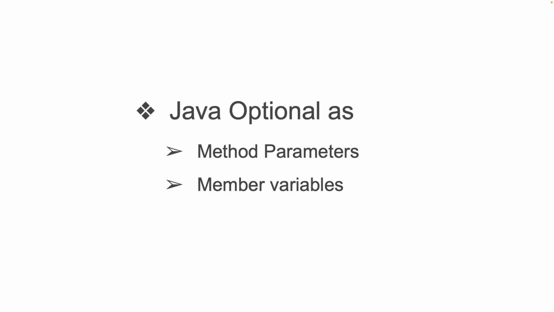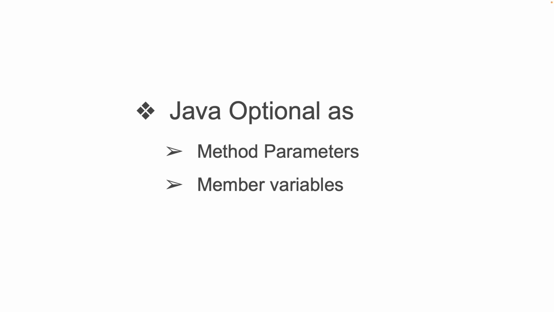Now, Java's optional class was designed to be used as a return type for methods. There is nothing, however, stopping developers from using optional type as parameters to a method or a member variable of a class. Now note that the optional type is actually not serializable, so it doesn't really belong as a member variable of a class, and it should be avoided.